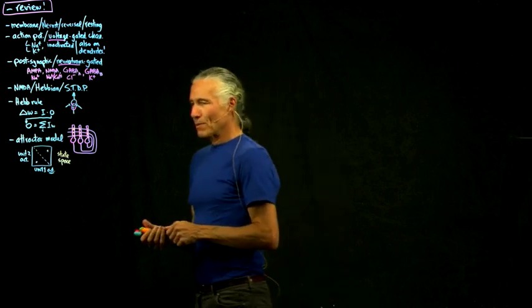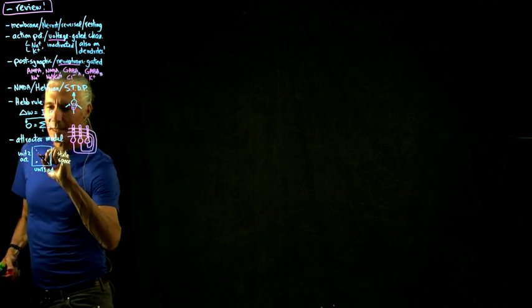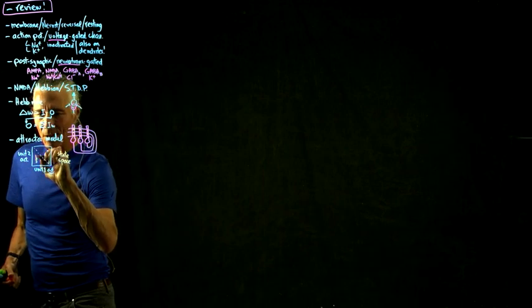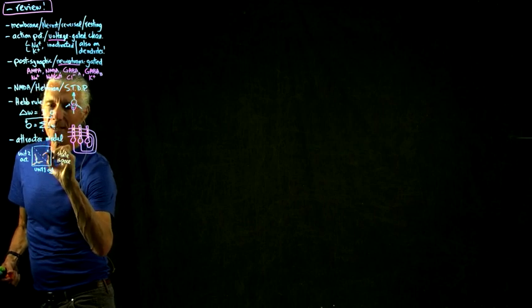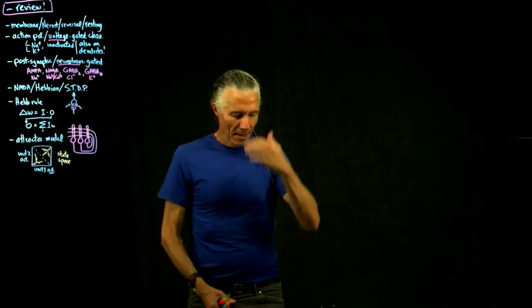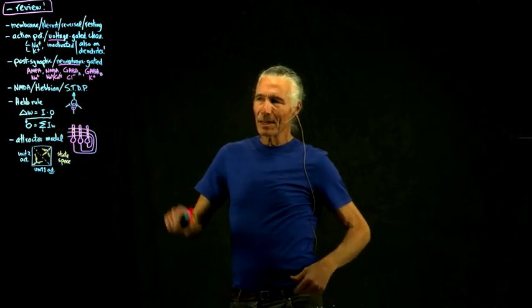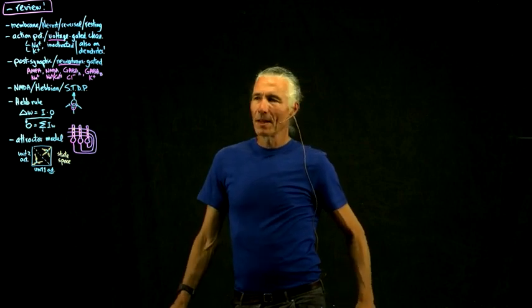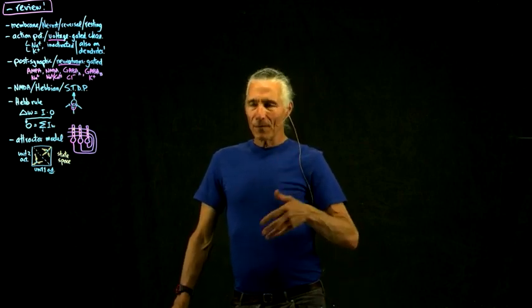And the way attractor networks behave is they've got attractors. If you start off in some state that's not stable, it'll sort of head for the stable state. That's why it's called an attractor. And once it gets to the stable state, it doesn't change anymore, even though it's still got feedback.